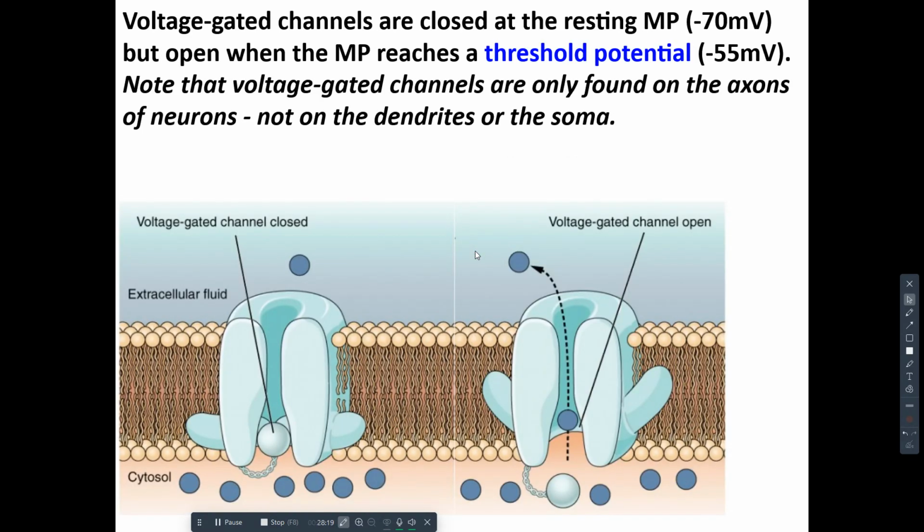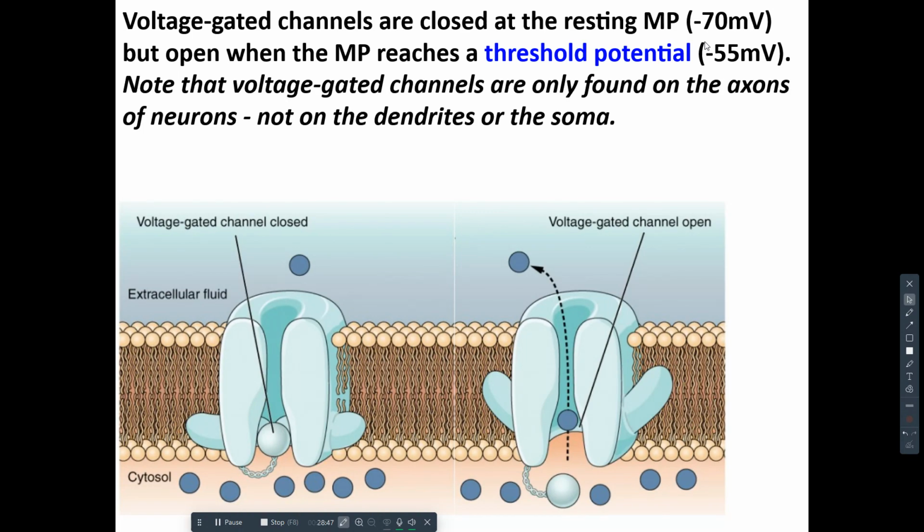The other type of channel is a voltage-gated channel. It doesn't open in response to binding to a neurotransmitter. Instead, it opens by changing shape when the membrane potential reaches a special value called the threshold potential. And that special value is typically negative 55 millivolts.